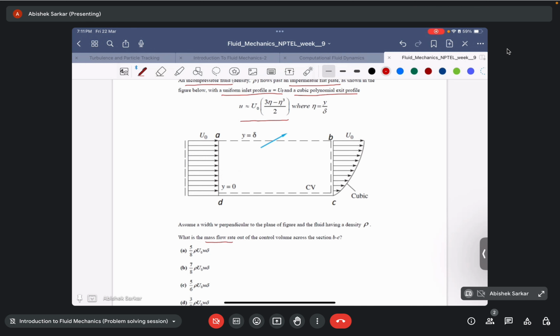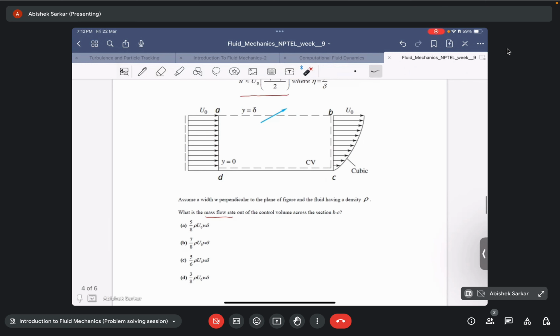But I think it's much simpler than that, because they've distinctly told you that you need to find the mass flow rate only out of the surface BC. That will be a surface of this form, because they mentioned that it has a depth of W perpendicular to the plane of the paper.